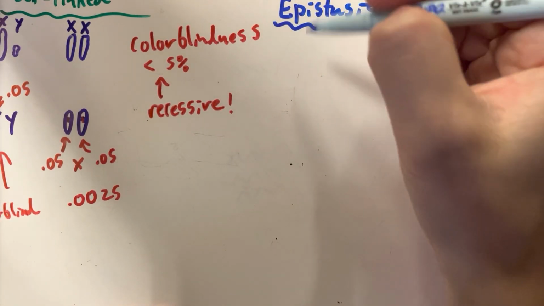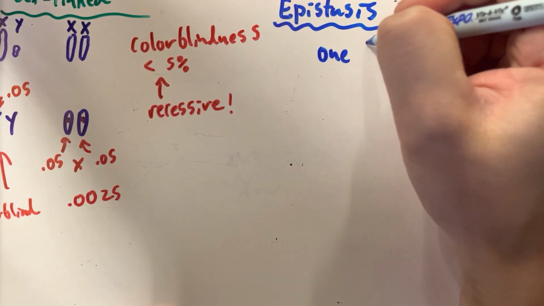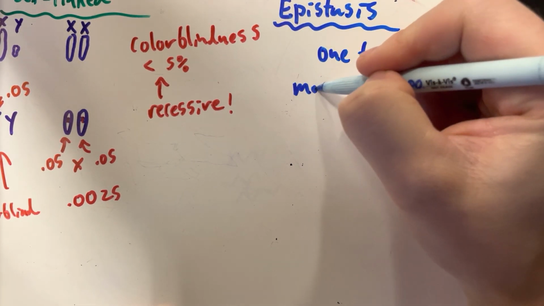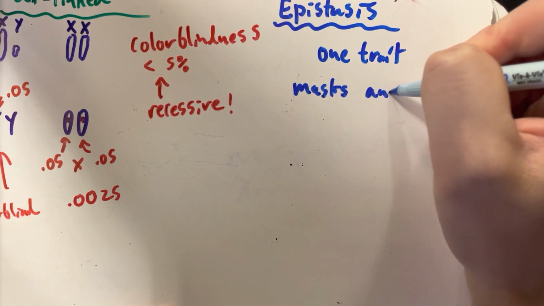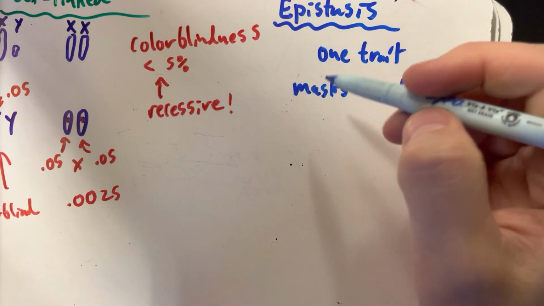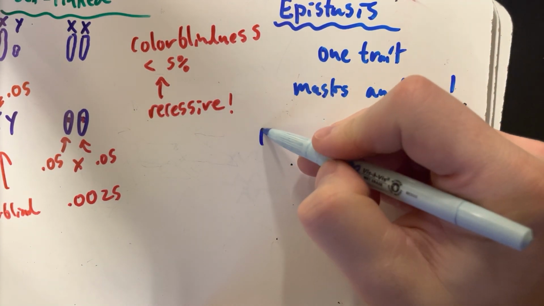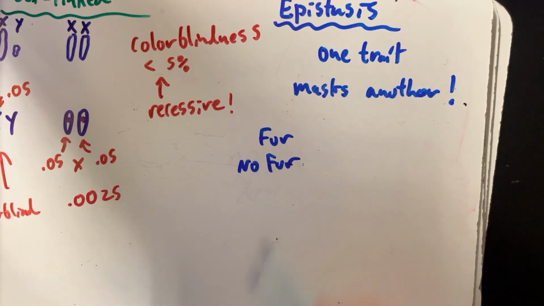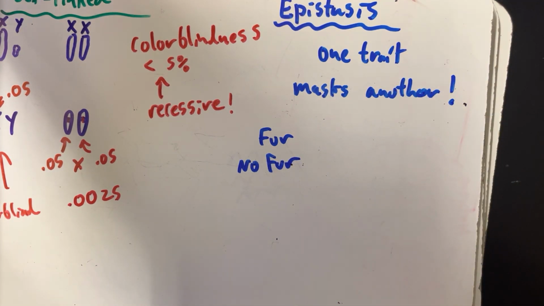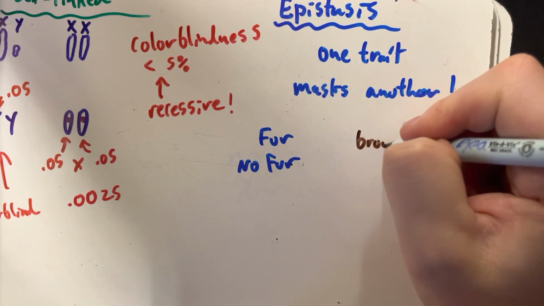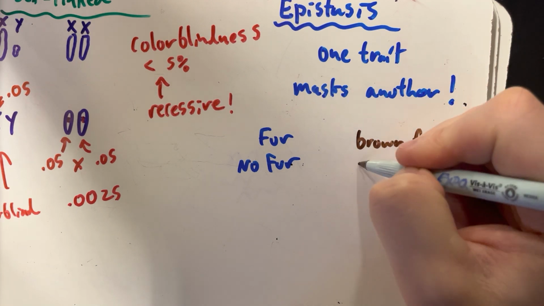Okay, epistasis is where one trait masks another. So, for example, if you had a trait that was fur versus no fur, and then you had another trait that was, I don't know, brown fur versus white fur.